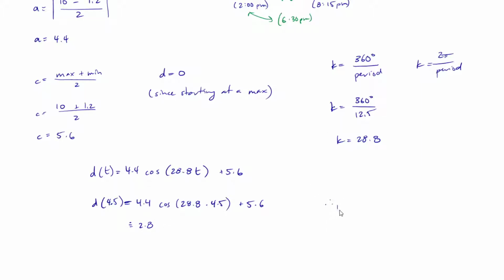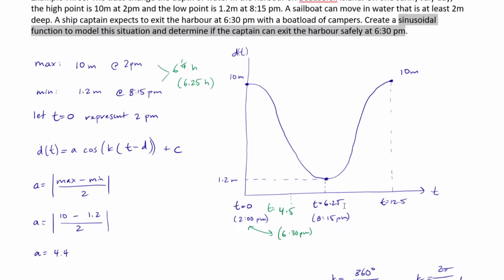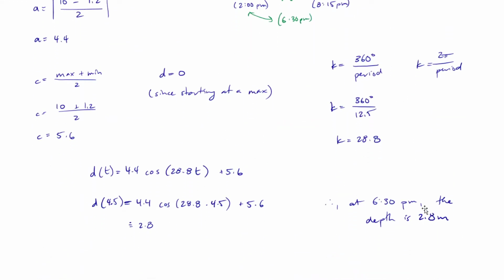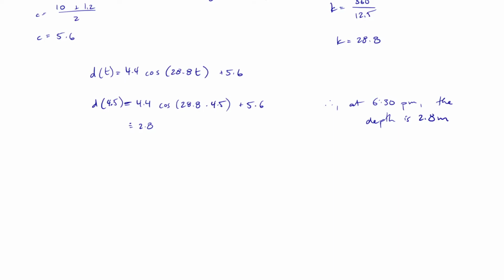So therefore, at 6:30 p.m., the depth is 2.8 meters. Can the ship captain exit safely? Well, in order to exit safely, it has to be 2 meters. Looks like it's 2.8 meters. So yes, the ship captain can exit safely.